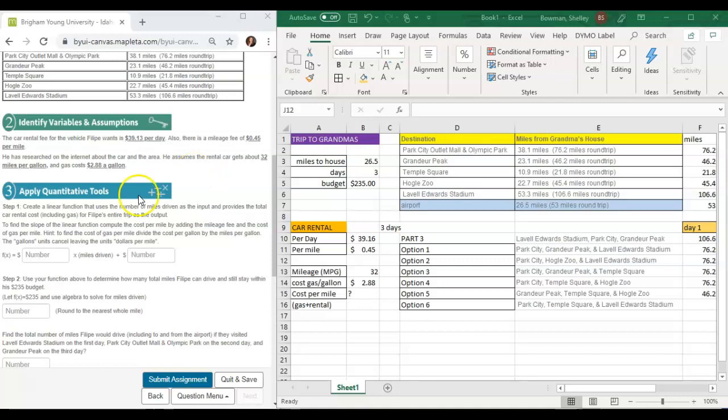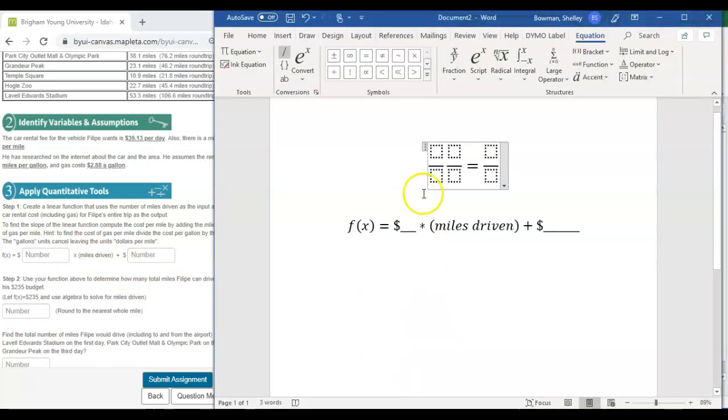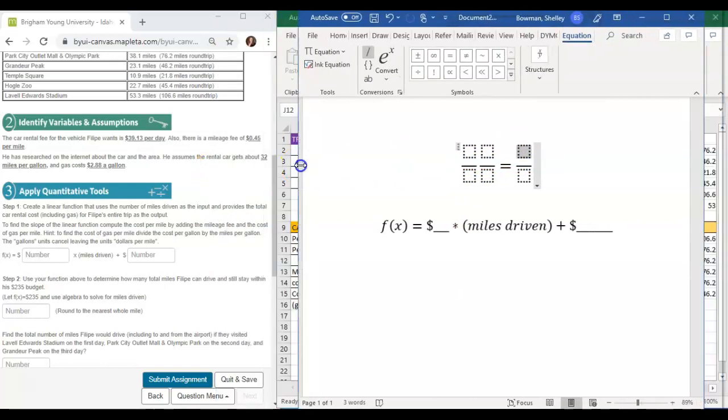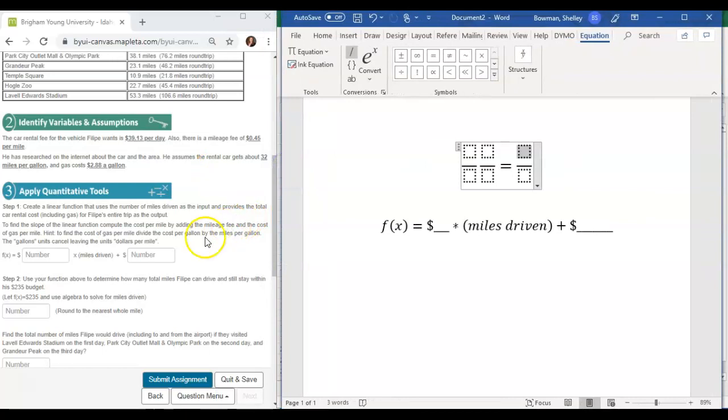The first thing I want to do is find the slope, what they're calling slope for this, which is our variable: depending on how many miles he drives will be our cost. So the first thing they're talking about is doing a unit conversion, and I've brought it up here. You can take their tip, or you can just remember this end point.